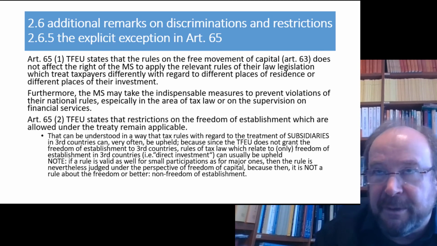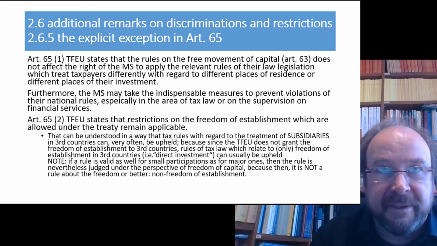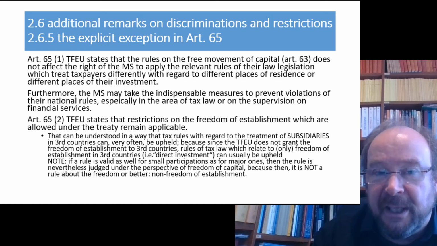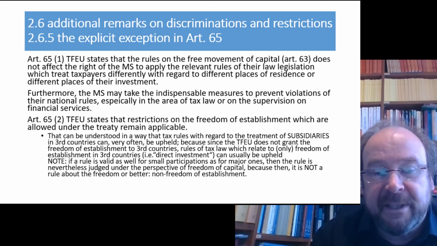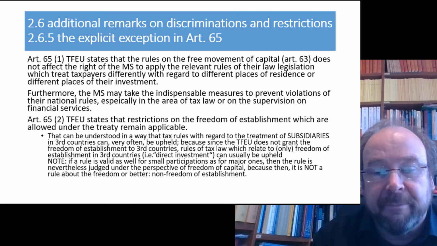And the freedom of establishment case has not been granted for investment in Mexico, South Africa, and Australia. So the treaty allows to restrict this, and then you can't attack it under the aspect of freedom of capital either.